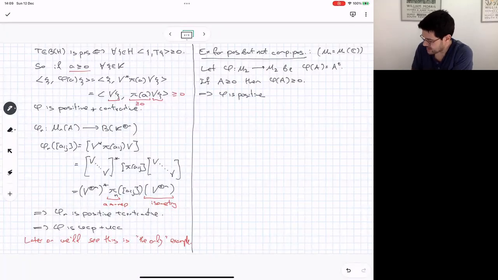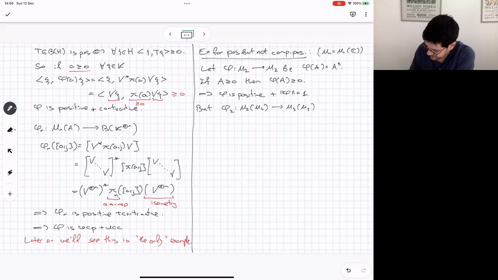Okay, I said that it is going to be an example for positive but not completely positive, but it's also going to be an example of contractive and not completely contractive. So let me also mention that it is positive and phi has norm 1, of course. But we have phi 2. Phi 2 goes from M2 of M2 to M2 of M2. Each of them is like M4, right? So what is phi 2?